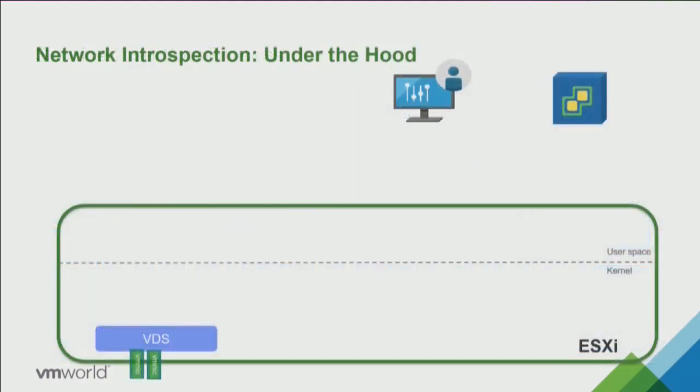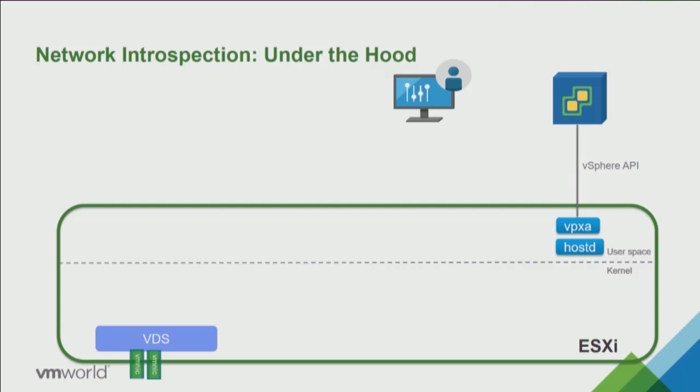I'll go through, under the hood, how exactly things happen when you want to insert network services, especially network introspection. You have your NSX Manager, you have vSphere, and you have a host which is ESXi. vCenter talks to ESXi over the vSphere API to a bunch of processes that are running on each ESXi host.